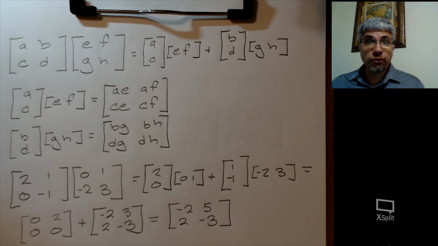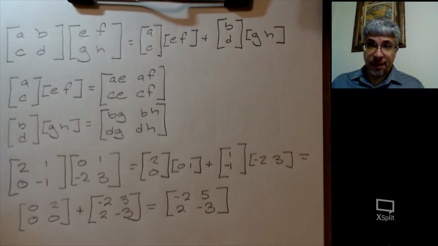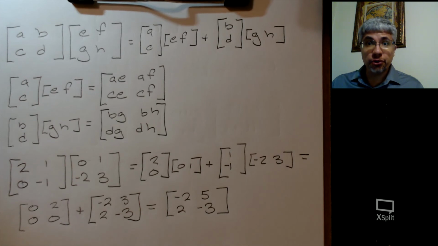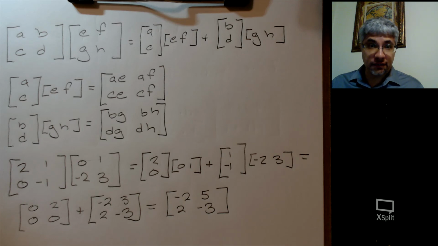There are some proofs involving matrix multiplication that go through quickly with this method that do not go through as quickly with the other. So this is a good trick to have in your tool belt. It's a matter of preference, but it's handy to know more than one way of doing things.